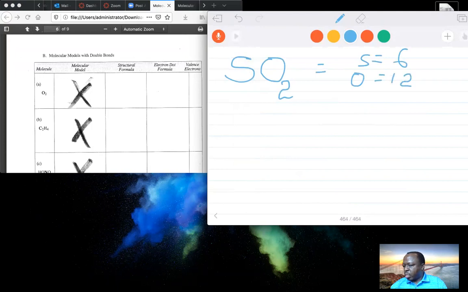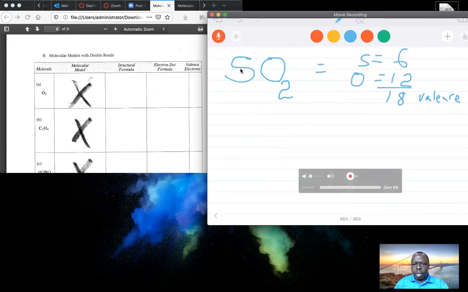Because of 2 oxygens, we have 18 valence electrons. So rule number 1, find the total number of valence electrons: sulfur is in group 6, oxygen is in group 6 times 2 oxygens, that's 12, 18 valence electrons.